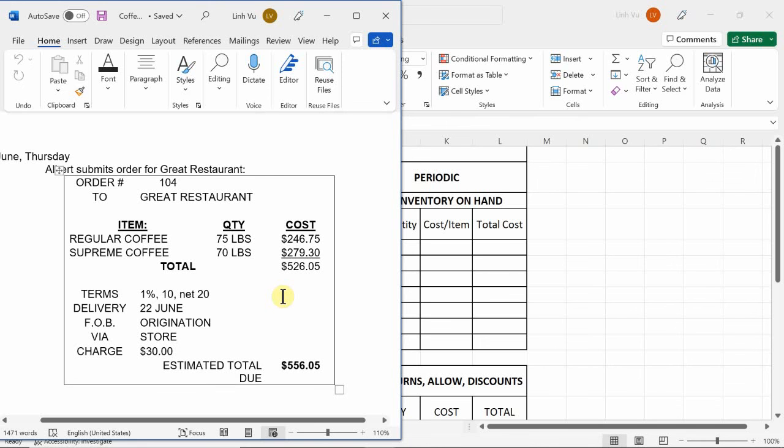So would you record the sales? Did I deliver this yet? No. When is it expected to be delivered? On the 22nd of June. We're only on the 20th of June.